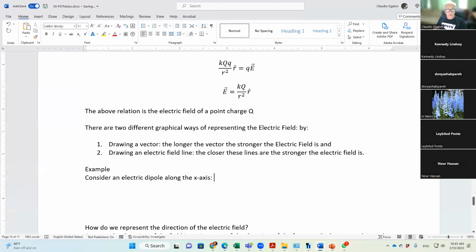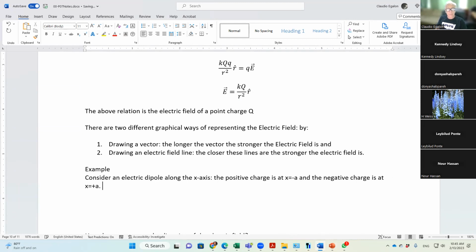The positive charge is at x equal to minus a, and the negative charge is at x equal to plus a. Both charges have the same magnitude q, right?